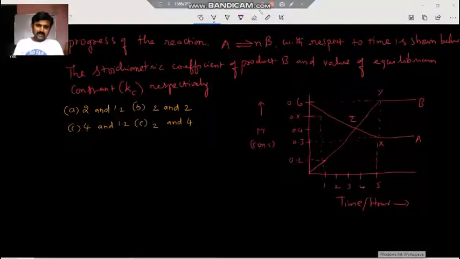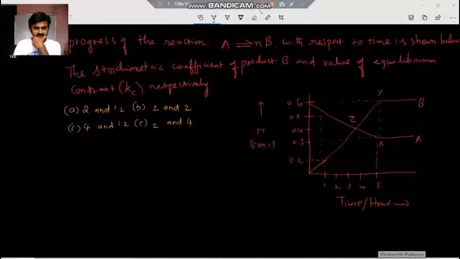From the graphical representation, if you observe keenly, from point x to point y the equilibrium changed. That is the equilibrium area. The concentration of A at 1 hour is 0.3 and its concentration after 5 hours will be given as 0.3.